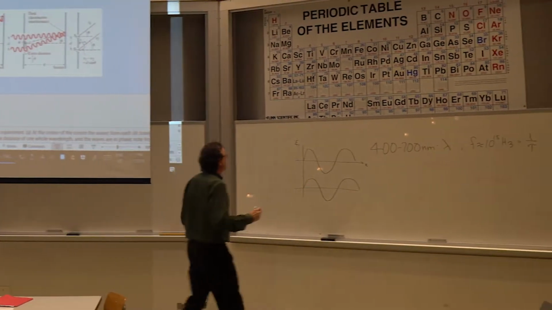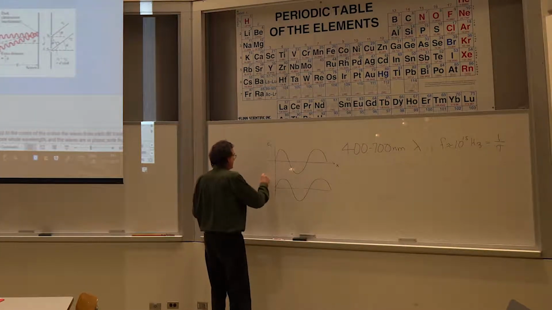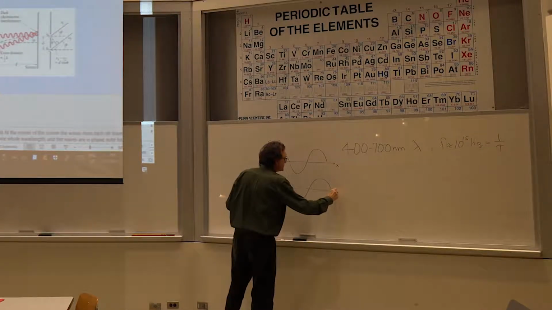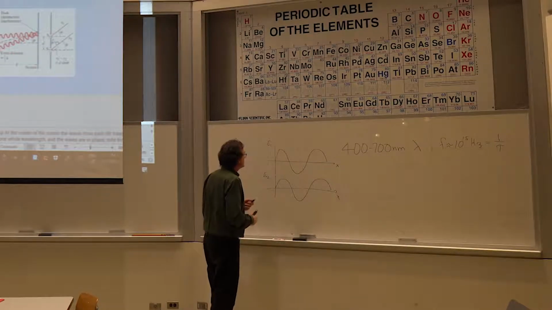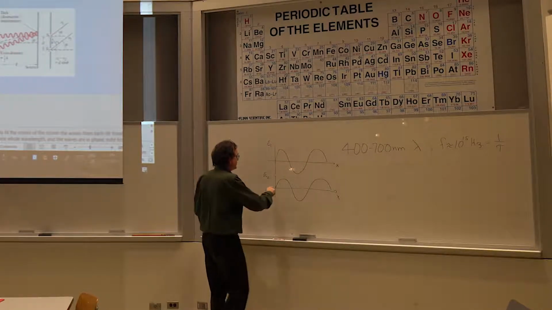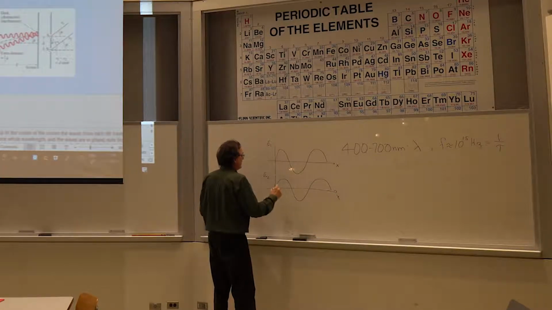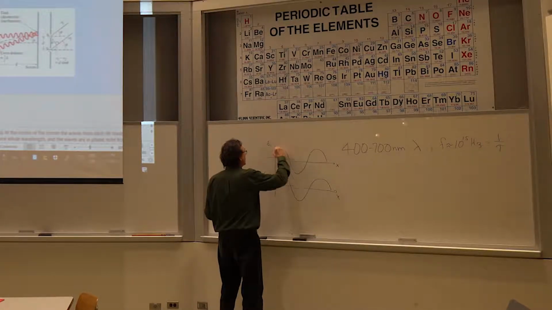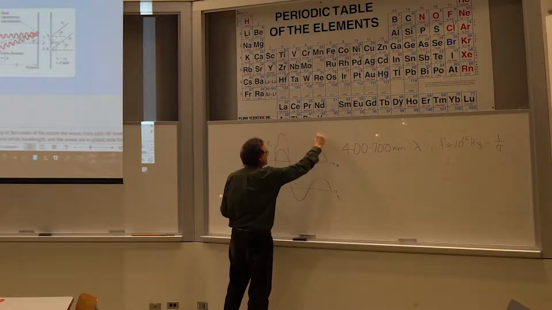So this is E2, as a function of distance x, in this case the distance from the slit to the screen, and if I add these two together, then the sum will be one that goes up like this, double like this, right?